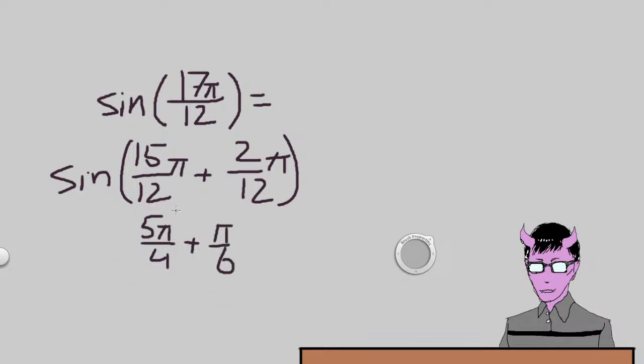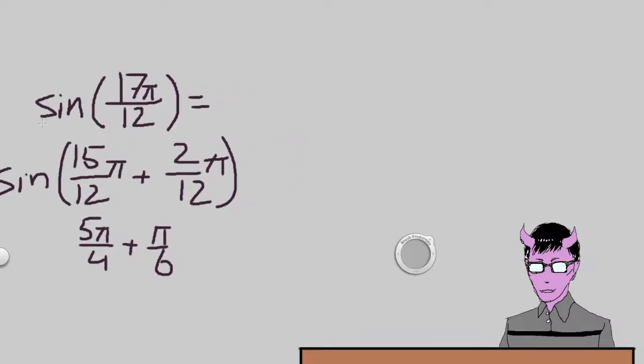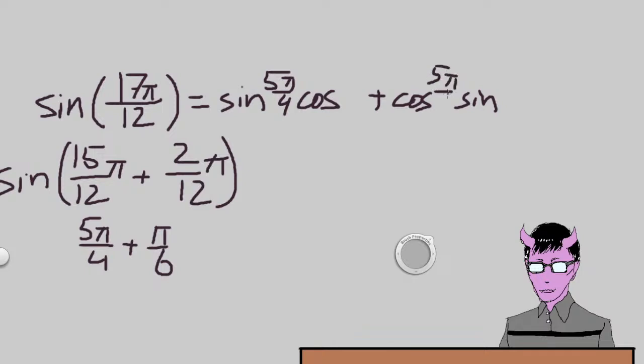Alright, so this is more optimal because, again, this is a nice angle that we're familiar with, and so is that one. Same expansion for the sine function: sine, cosine, cosine, sine. This is a plus, so that's a plus. That's the first one, so 5 pi over 4, 5 pi over 4, pi over 6, and pi over 6.